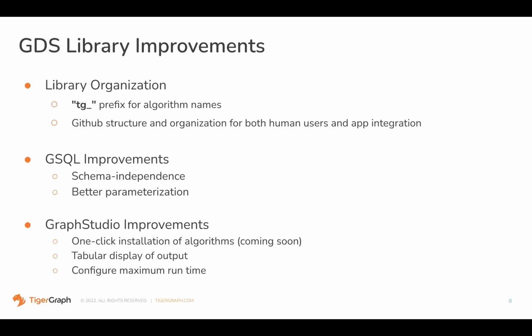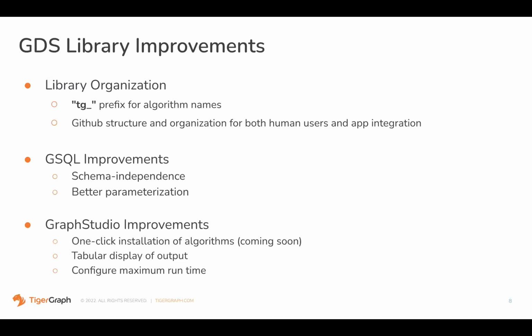And lastly, for Graph Studio, the visual interface, a feature that's not available yet, but we're giving you a preview of what's coming in our next database update: there will be a one-click installation of algorithms to make it easier to get started. There's also tabular display of output, which is actually in the current product already.